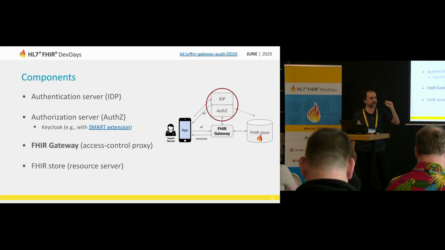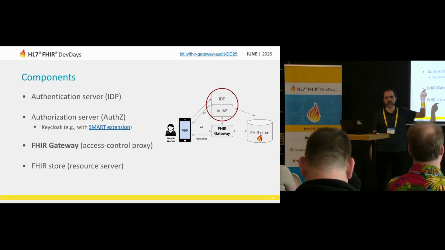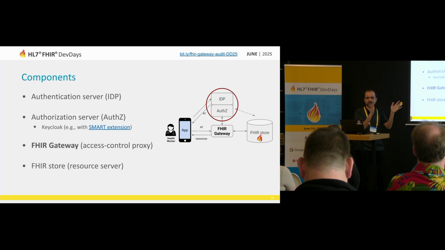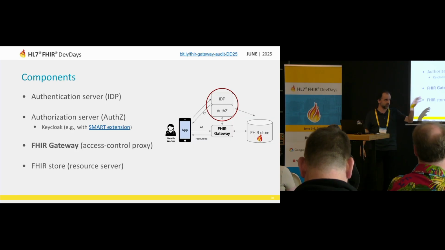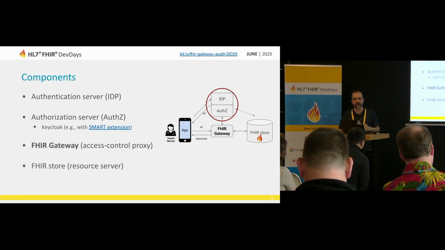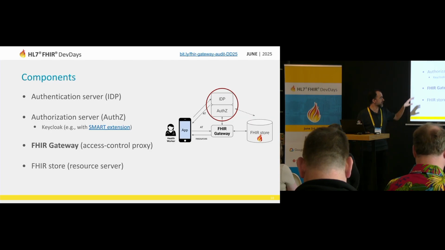All that we care about is that whenever the user comes to our gateway and wants to access a FHIR resource, they attach an access token to that request, and then we verify that access token. We don't care how they got this token. Even in the backend use case, which I briefly mentioned and haven't included here, that still works. As long as they bring us an access token, we can check whether the FHIR request complies with it.